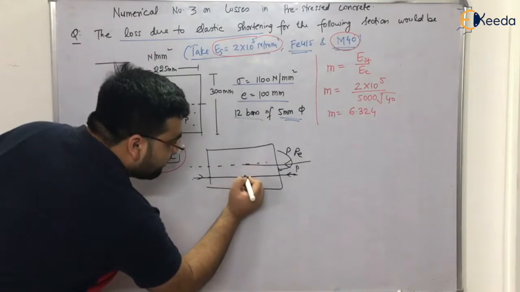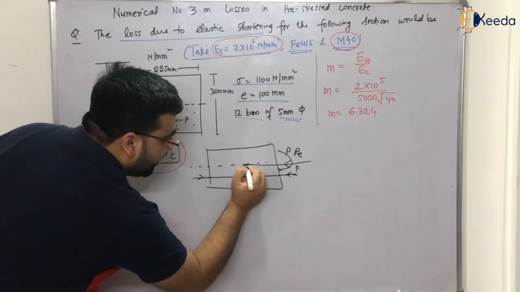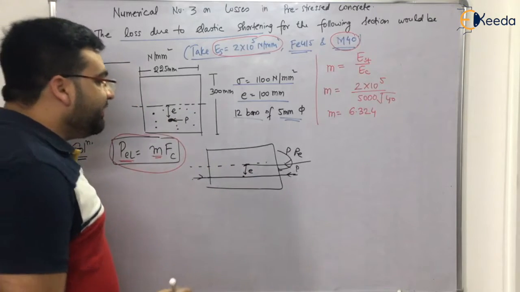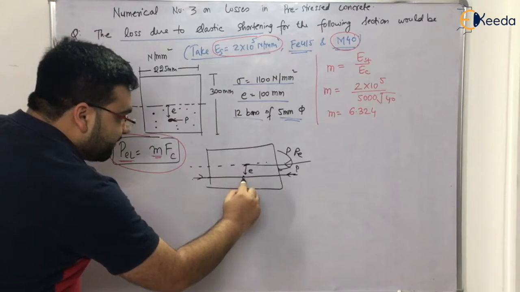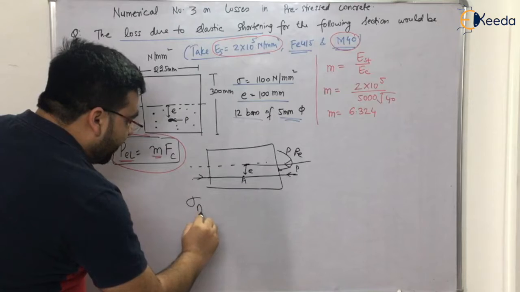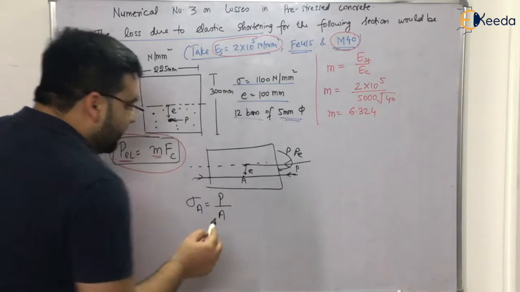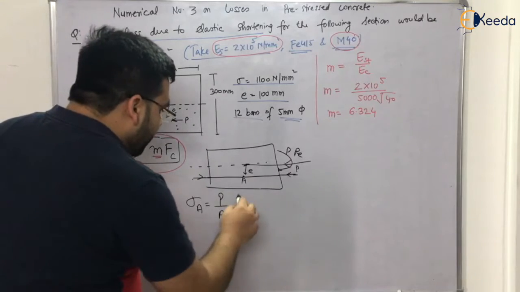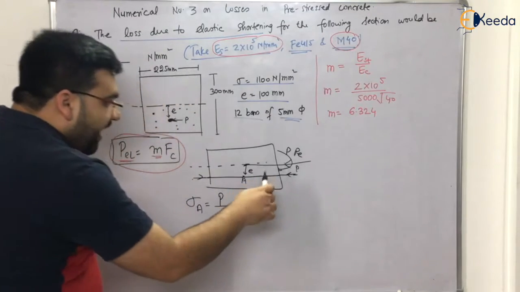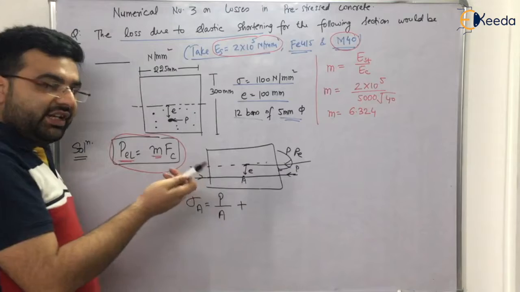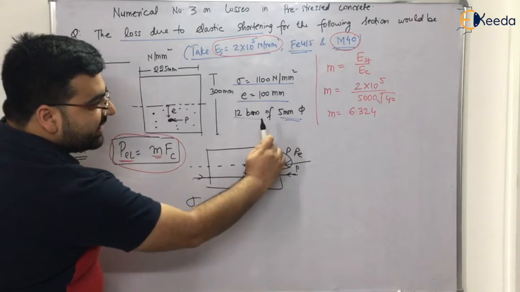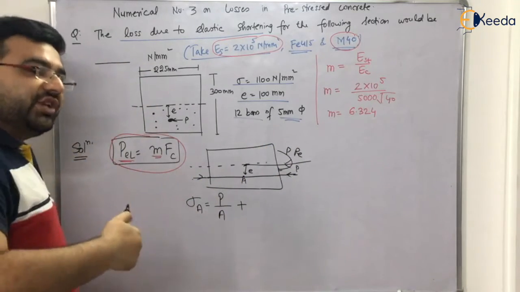Now if you want to determine the stress at this location, let us say this is e, and this point is A. So sigma at point A will be equal to P by A, plus, why plus? Because this will be compressive in nature. It is compressing here and stretching there.